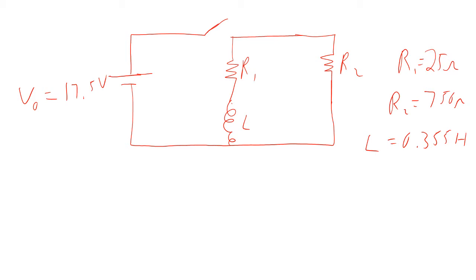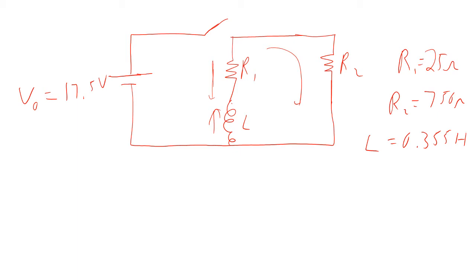What happens? So first step, when you first close the switch, then current starts flowing this way, and well, the resistor is fine with current, but the inductor resists current flow.